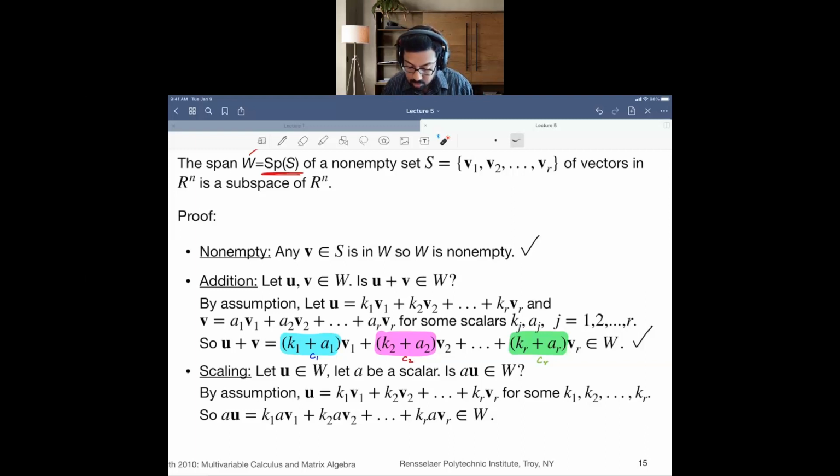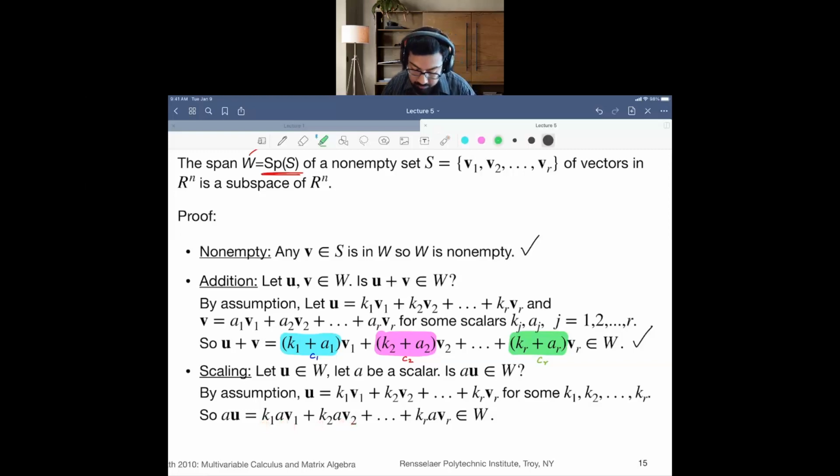By assumption, what do you have? We said U belongs to W, so you should be able to express it as a linear combination of the vectors in the set for some scalars K1 through Kr. What about AU? Well, when you are doing AU, all you're doing is multiplying A throughout. So when you multiply that scalar throughout, what do you have? K1A V1, K2A V2, and so on.